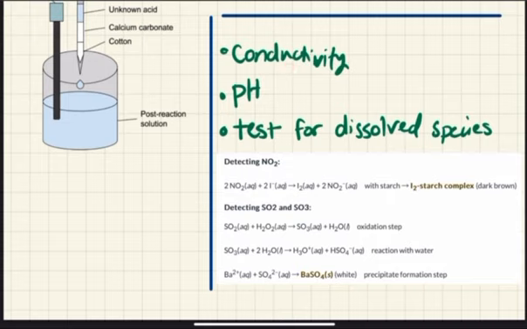And your group is going to have to come up with a procedure because you may have a specific variable that you wish to investigate, such as how the concentration of a particular species would affect both conductivity and pH, or how the acidity of an acid would affect both of these.